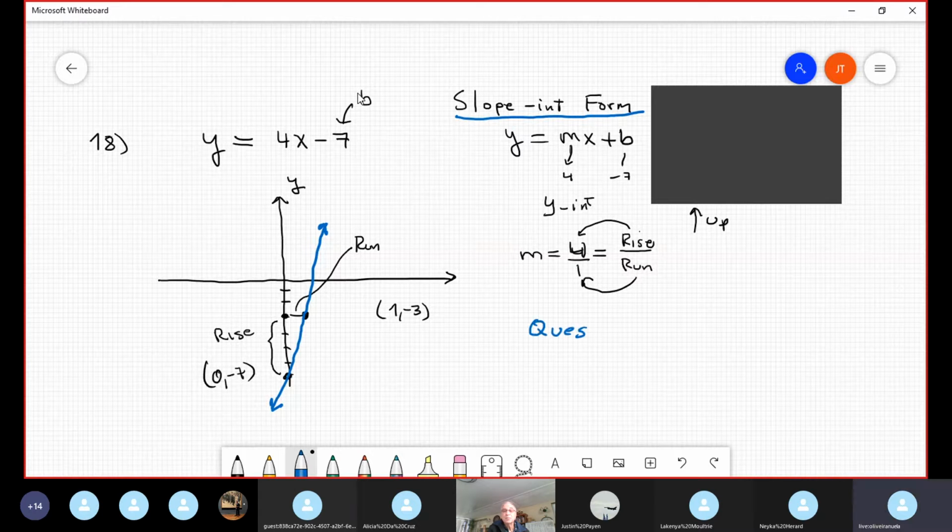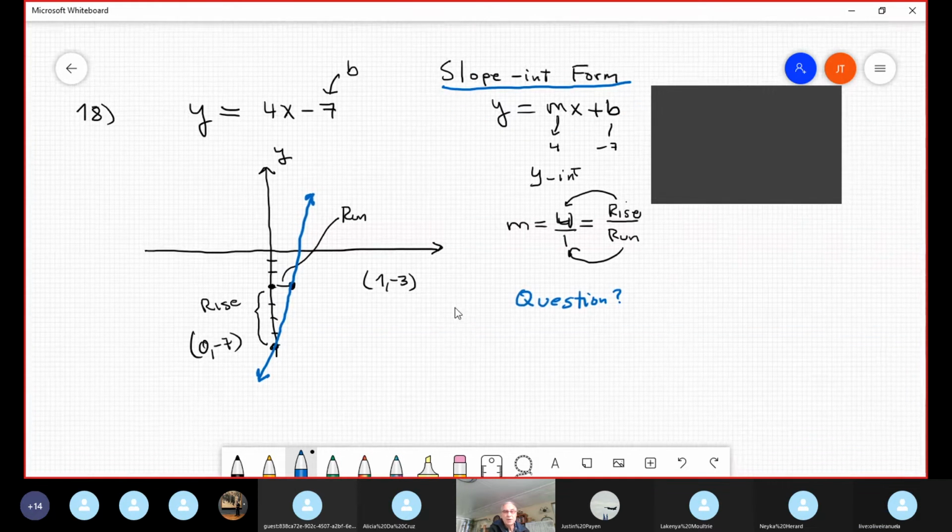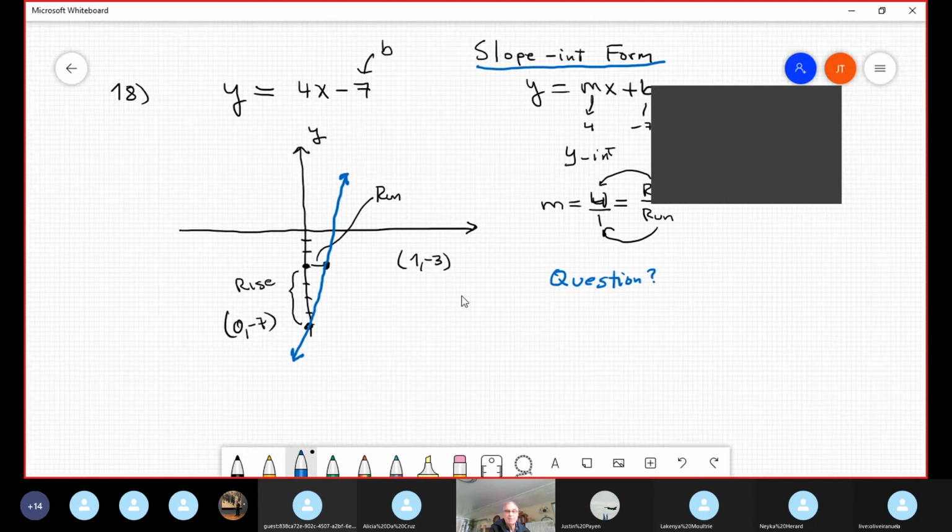Professor, can you explain the graph again, because I didn't understand? Absolutely, it's my pleasure. Okay, can you recognize b and m? You are clear or no? b is -7? Yes, it's clear.